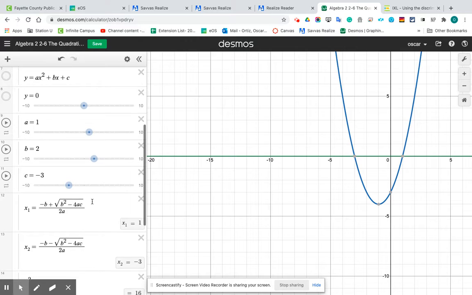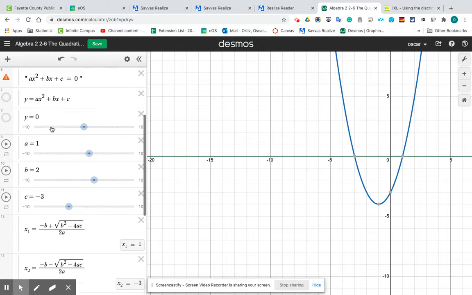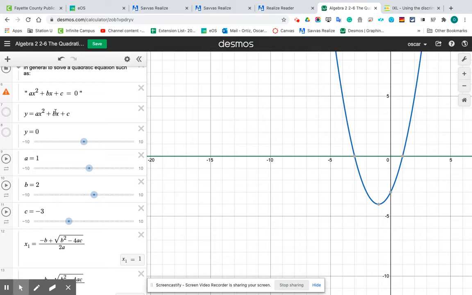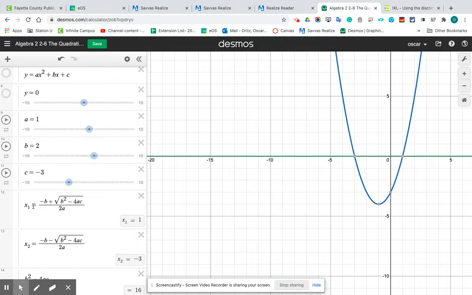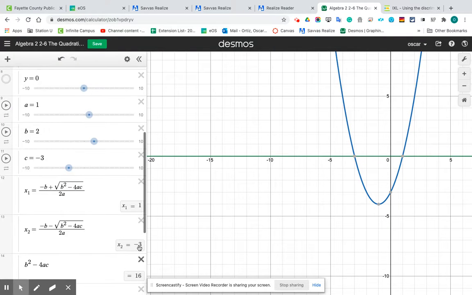When you plug in those values, in this case, a equals 1, b equals 2, and c equals -3, and replace them here, you will get one answer, x equals 1, and the other answer happens when you change the plus in the middle to a minus. In that case, you will get x equals -3. And those are the two values here. Please remember that those two points have special names. Those are the x-intercepts of the quadratic function.